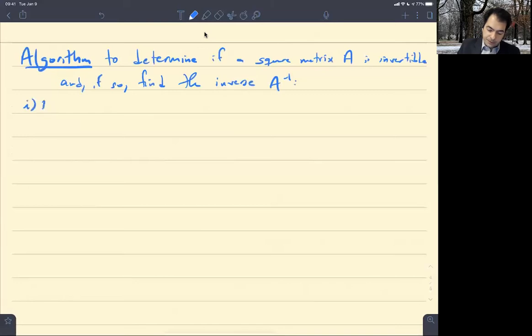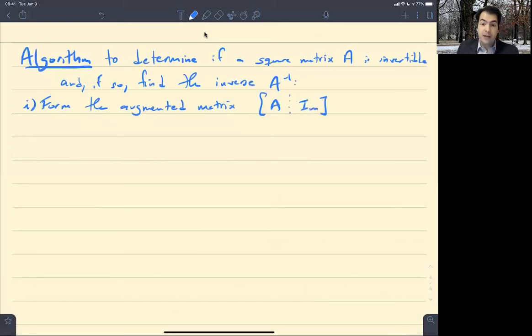First step, form the augmented matrix. We put A on the left, but now we're going to augment it not just with one vector, but with the whole identity matrix. And then put it into reduced row echelon form. Okay. Step 2.